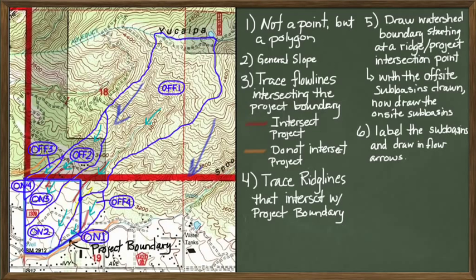So then you have to ask yourself, do we want water to go through our site? Do we want to divert it around it? And as you make that choice as to what impact your development's going to have, then you'll redo this procedure for the proposed conditions.